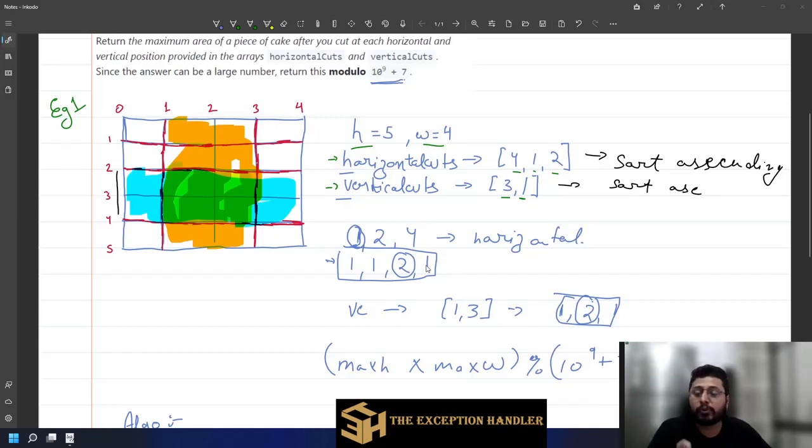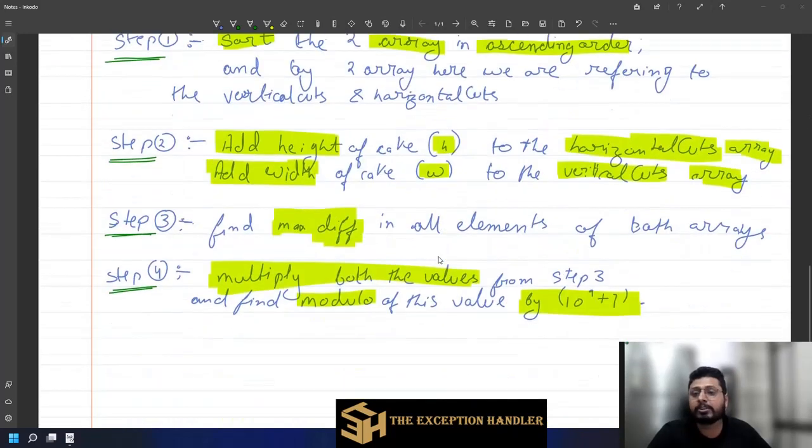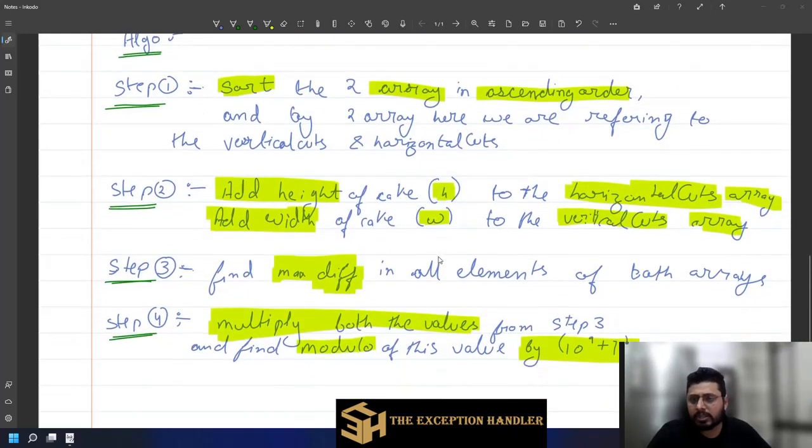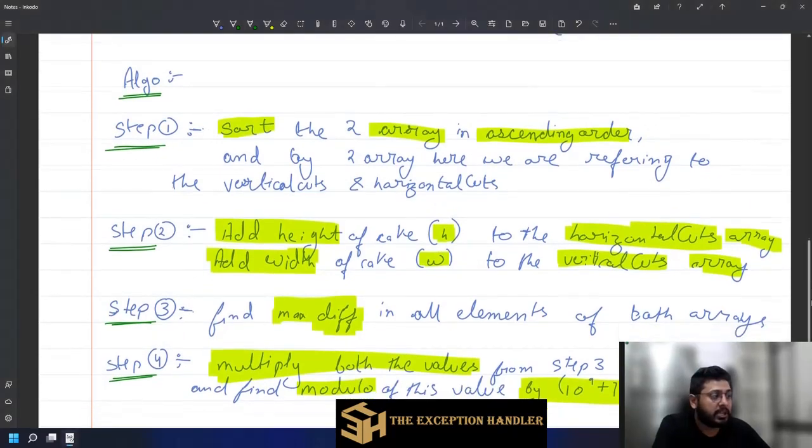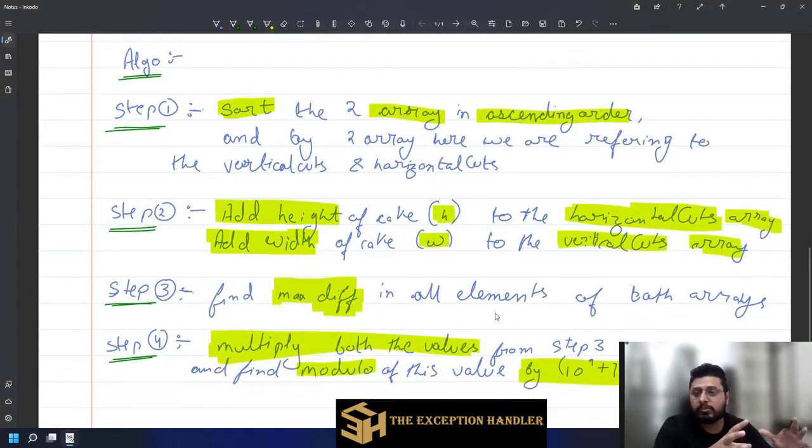So that's why, to find the fourth difference as well, because that can definitely be the maximum in certain cases. That's why we add the fourth value, the height and the width, to these two arrays after sorting them. Okay, hope this is pretty clear to you guys. Now, after adding these two values, I'll start iterating on these two arrays independently.